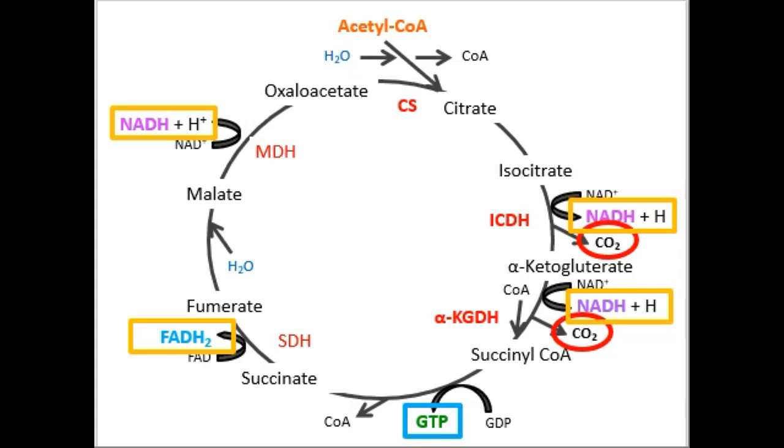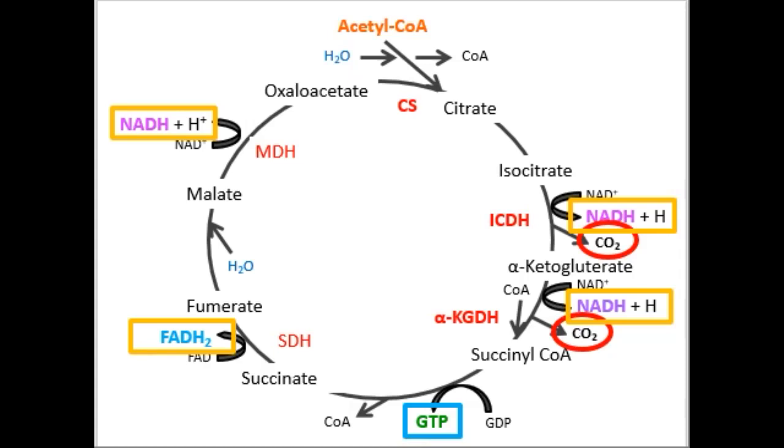Once acetyl-CoA enters this TCA cycle, it's broken down through a series of steps, and we also produce a bunch of byproducts along the way. You don't need to know every single step of the TCA cycle. What you do need to know is what's produced during each turn of the TCA cycle, as well as some key enzymes.